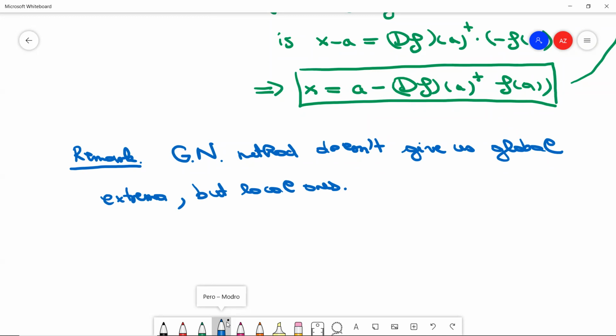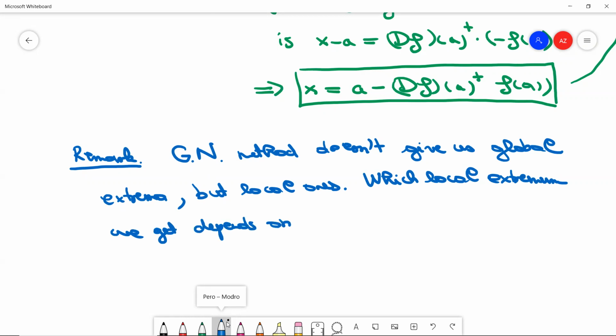So it doesn't necessarily solve our problem. It just gives us a local extremum. And then we have to see if this is really what we wanted. Which local extremum we get depends on the initial approximate x naught. So choosing x naught in an appropriate way is also very important. And we will see this shortly in the example.